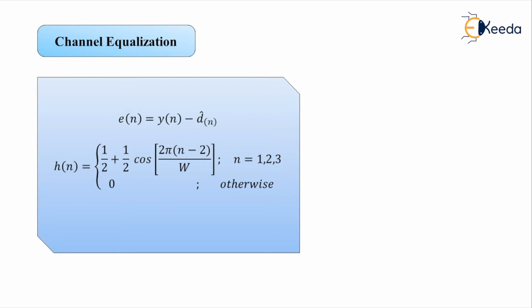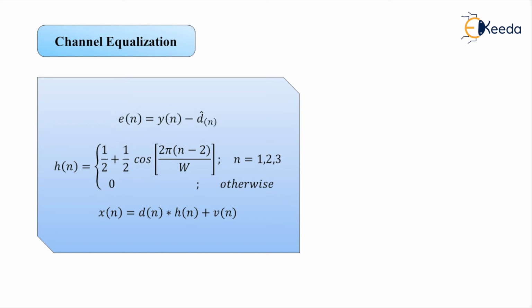Now making use of this expression for the unit sample response of the channel, our model for the input signal to be processed at the receiver end, denoted by x of n, will be equal to d of n, the desired signal, convolved with the unit sample response h of n from the above equation, and this convolution result is added to the noise signal v of n.